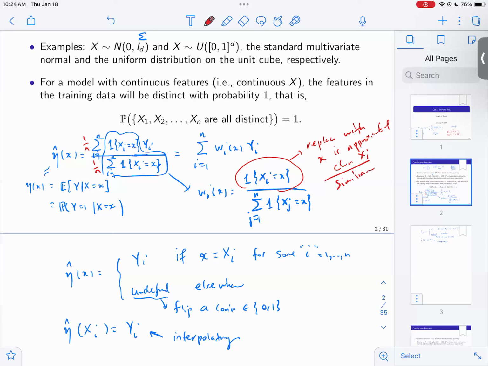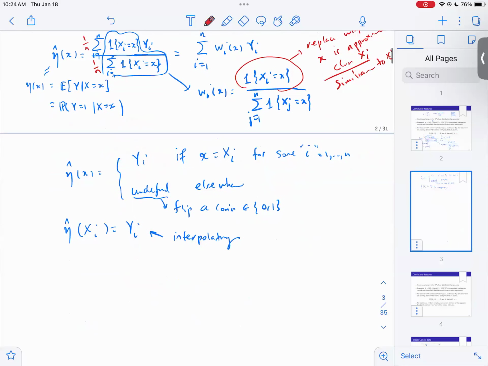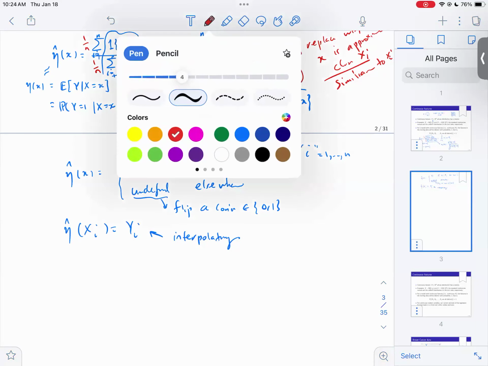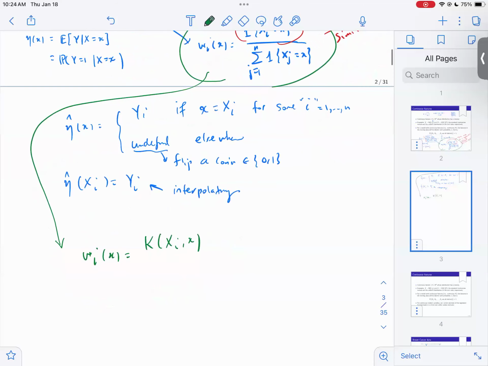I'm going to say similar to xi. So I want to replace this weight, the indicator, with some general measure of similarity. Let's call it a kernel between xi and x. It is any general measure of similarity. Once I replace that indicator, we're going to be in business.